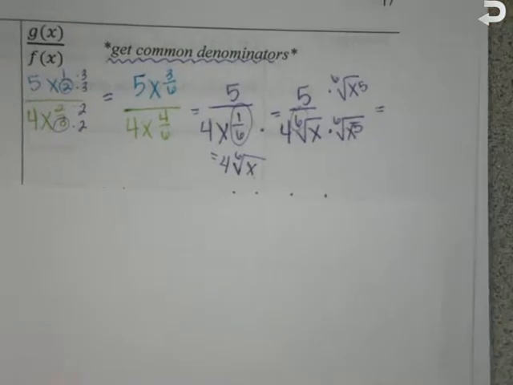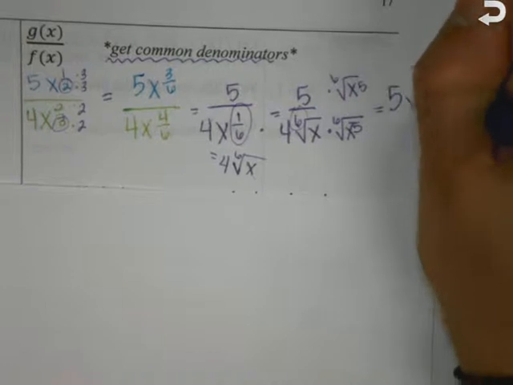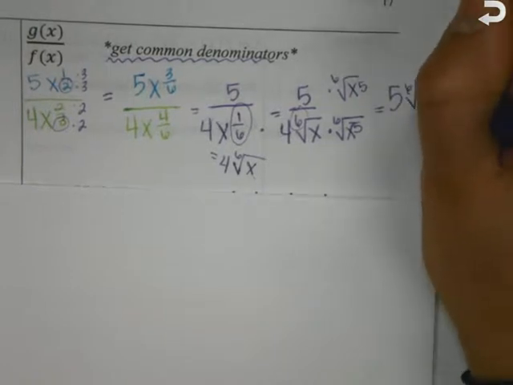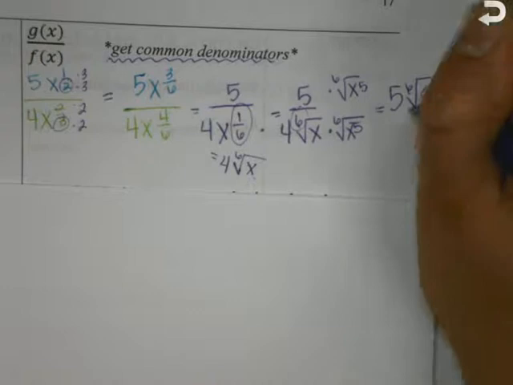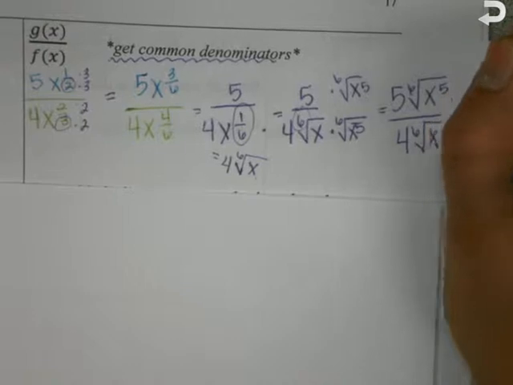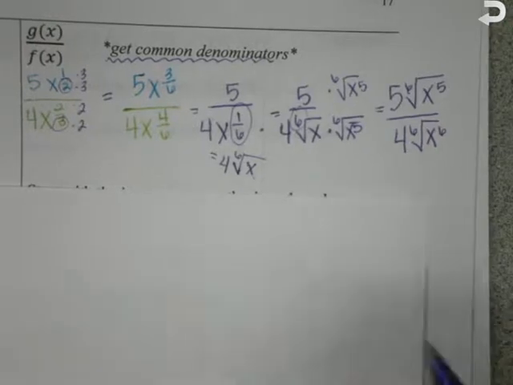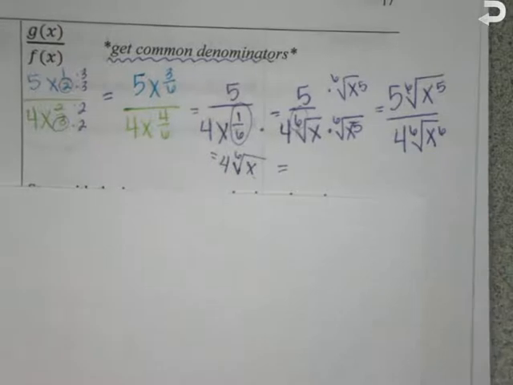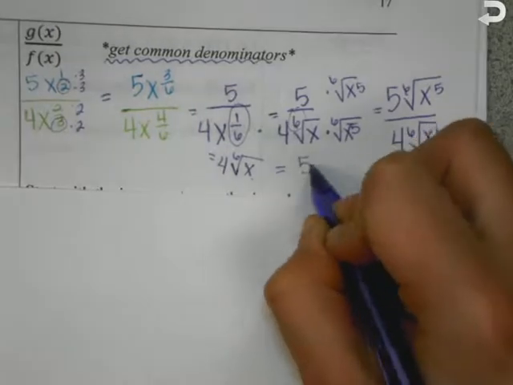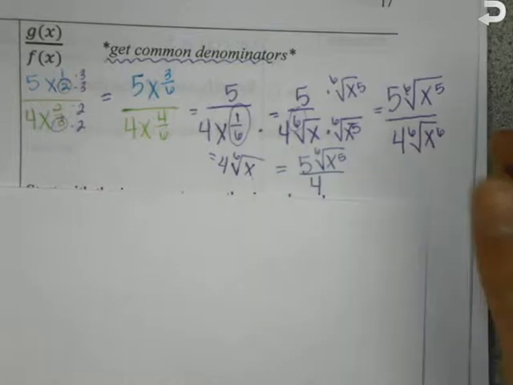That's going to give me on top 5 6th root of x to the 5th over 4 6th root of x to the 6th. So that is 5 6th root x to the 5th over 4. What's the 6th root of x to the 6th? x.